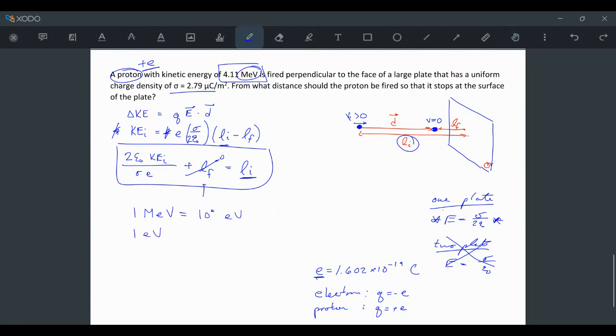An electron volt is just the energy that is obtained by moving an electron, which has a charge minus e, through a potential difference. You may not have seen potential difference yet, I don't know what lecture you're on exactly. It's the energy you get from moving an electron through a potential difference.